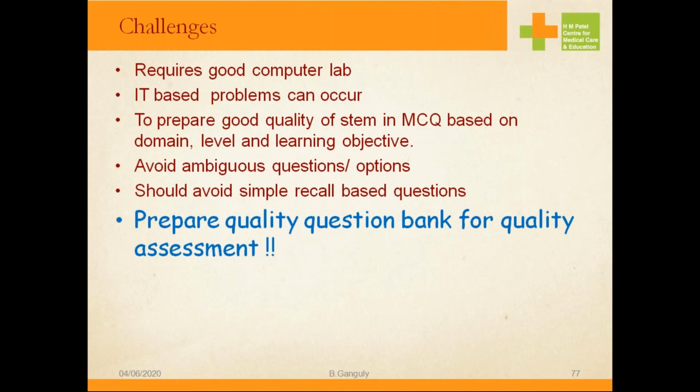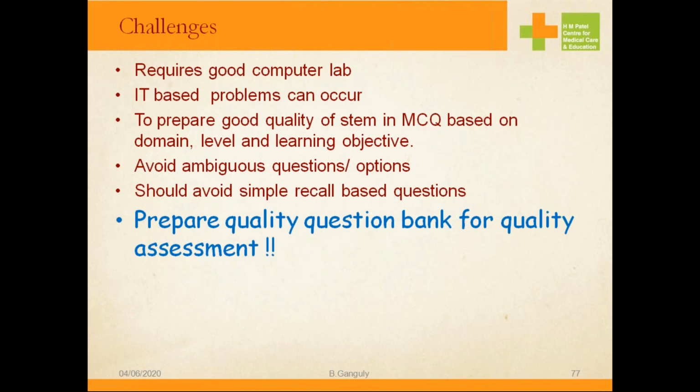Otherwise, the program itself will do item analysis and that can mislead us. Difficulty level, discrimination level and all can mislead us, because if there is ambiguity, then those levels will come out erroneous. So we have to avoid ambiguous questions or options.